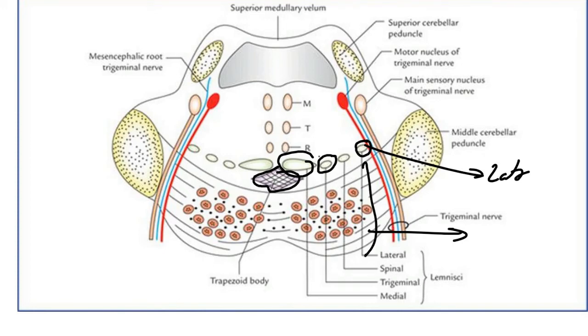The nucleus of the trigeminal nerve that is present in the medulla and the lower pons will give fibers, and those fibers will come in a bundle, and that bundle is called the trigeminal lemniscus. So the trigeminal lemniscus plus the fibers originating from the main nucleus of the trigeminal nerve, and the fibers from the mesencephalic root of the trigeminal nerve, all come together and form the trigeminal nerve in the pons.